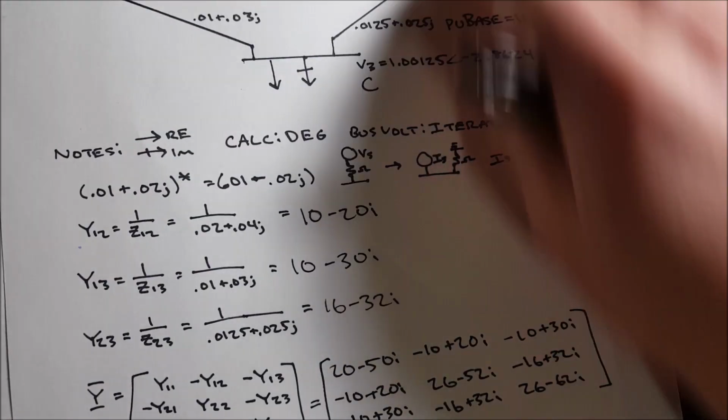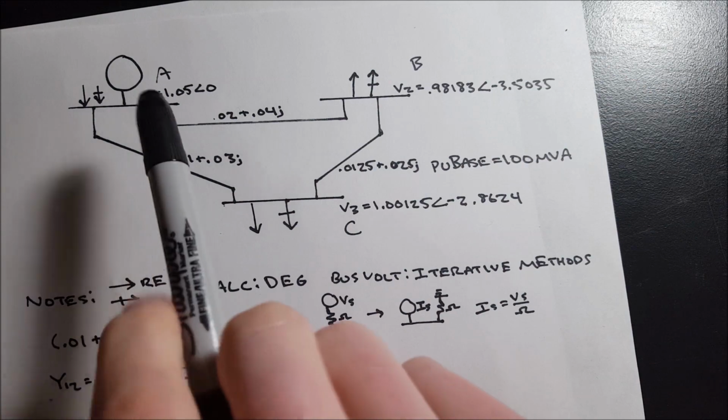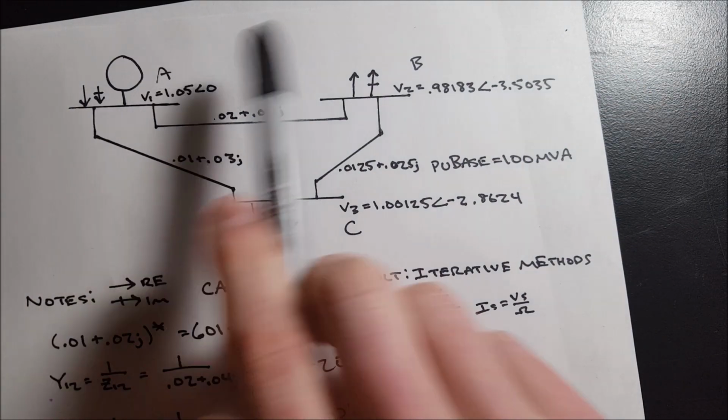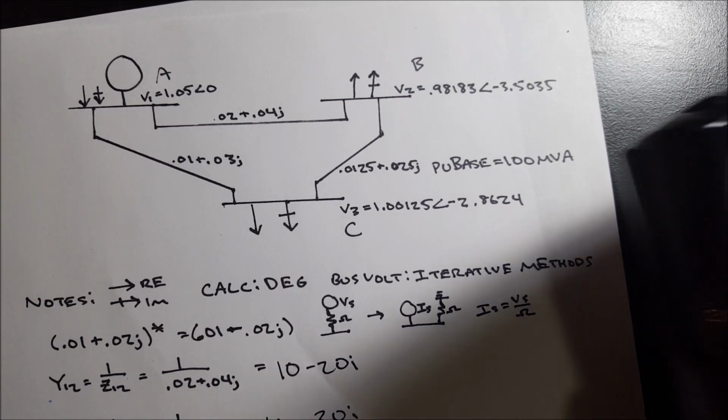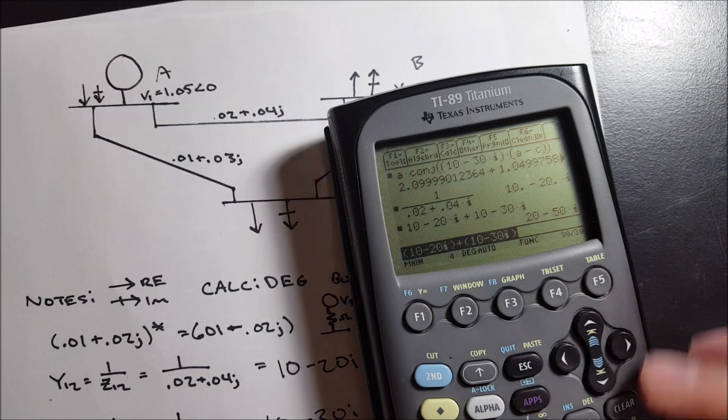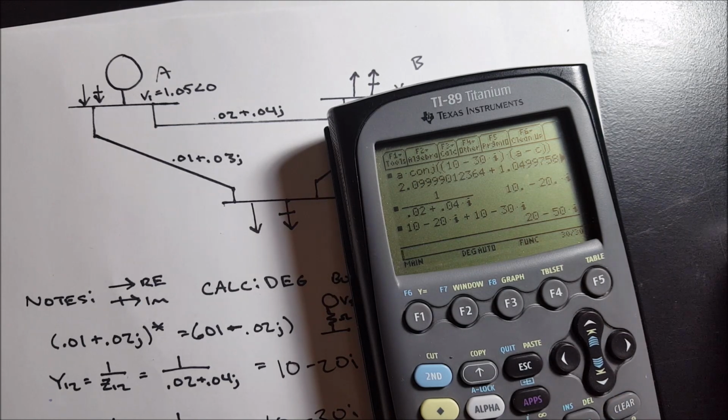You may have noticed that I label these as A, B, and C. I'm going to store those in my calculator as such because it's going to help later in this example. I already have them saved in here, but I'll redo it.